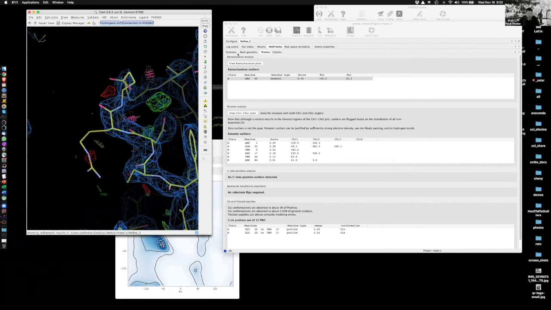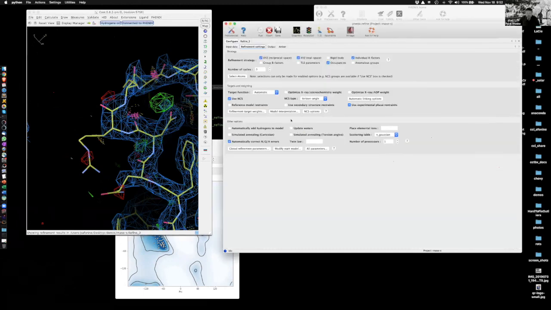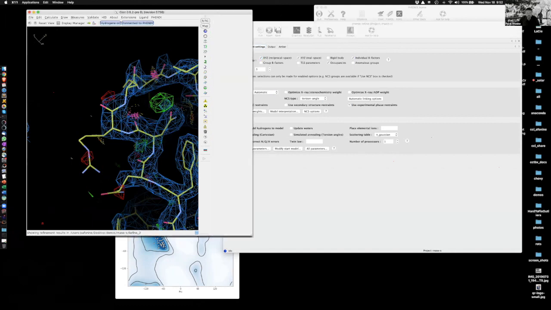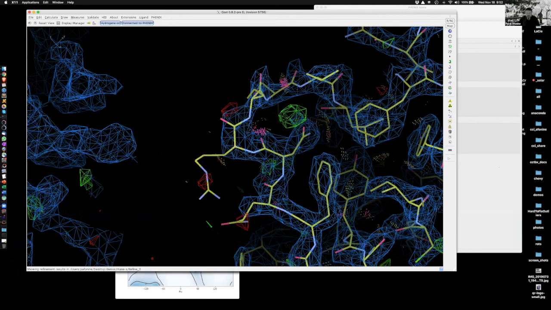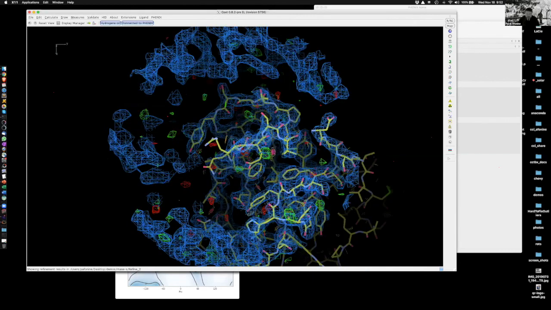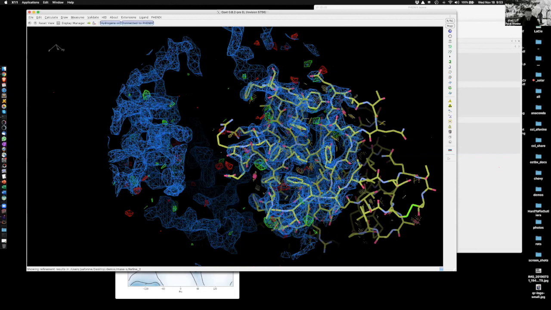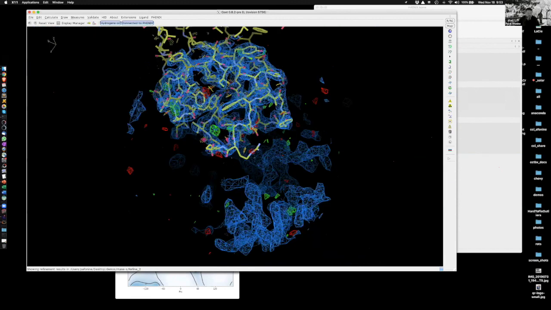Because remember, we ran the refinement without doing water picking, right? We haven't updated waters. You know what that means? We don't have water in our structure. Well, some people do it in Coot, which I think is a waste of time, because you can do it automatically by letting refinement fill all these green densities, which makes sense geometrically, with waters, and then later on you can go and check all these waters and either keep them or delete them.